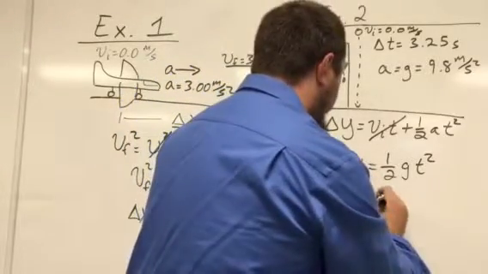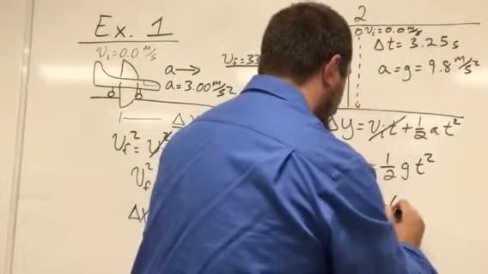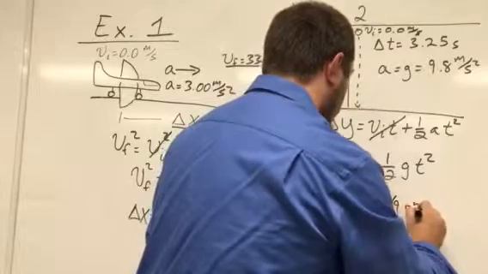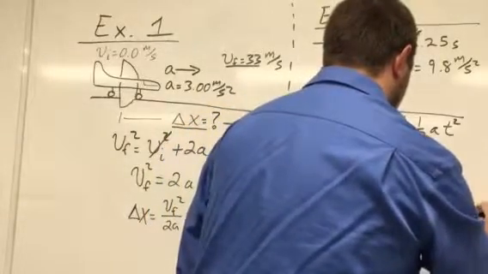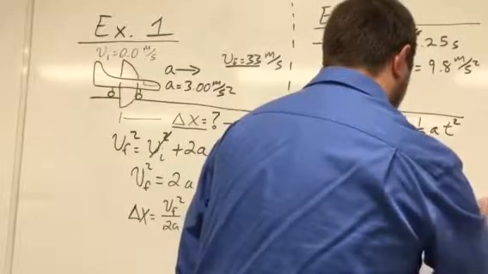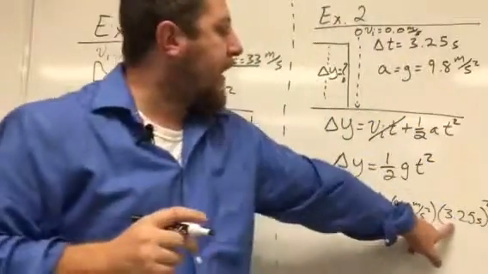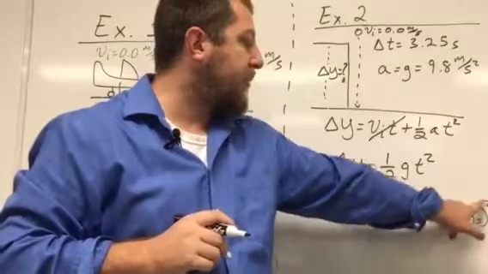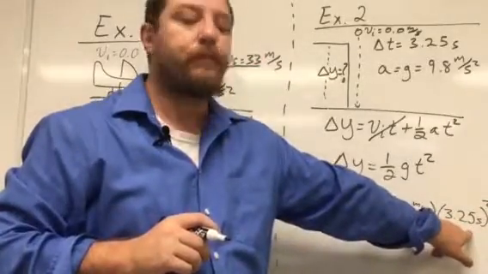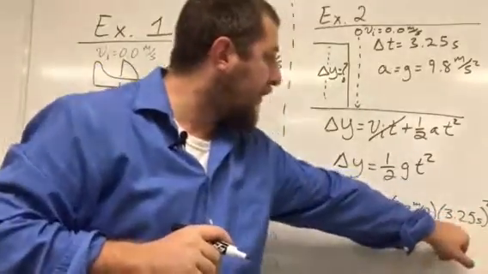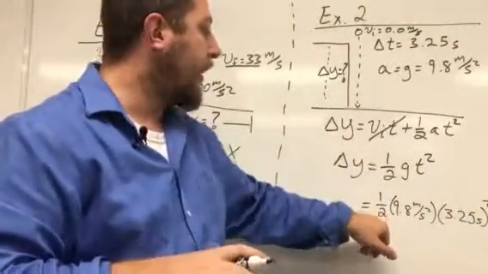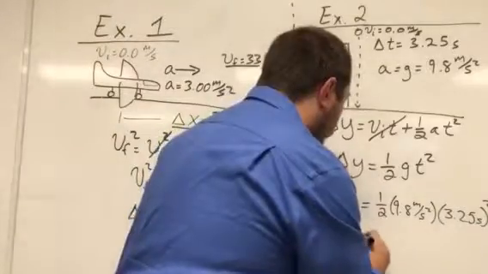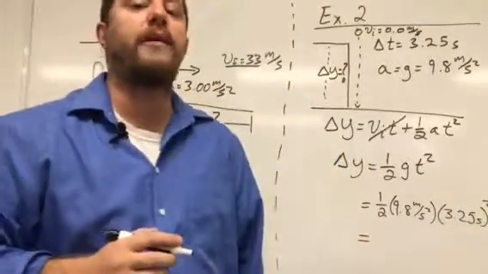But if I now plug in my information, okay, notice that my 3.25 seconds squared, I have to square this, and now if I square this, multiply it by 9.8, which is really close to 10, and then cut it in half, the result is about 51.7 meters.